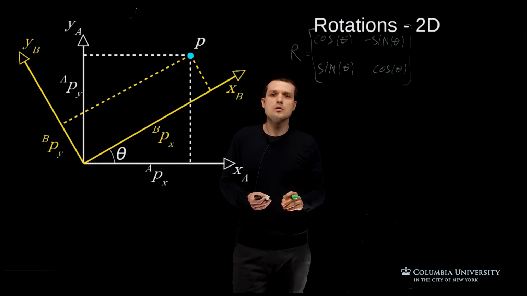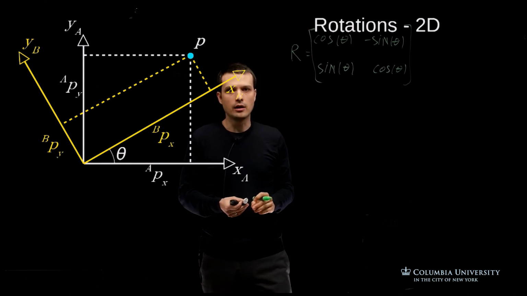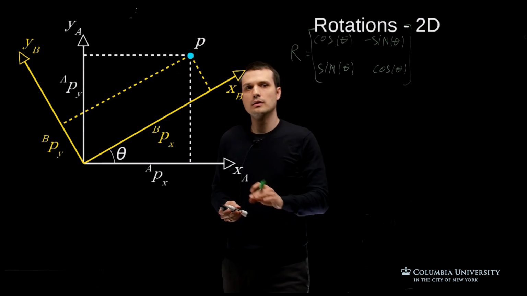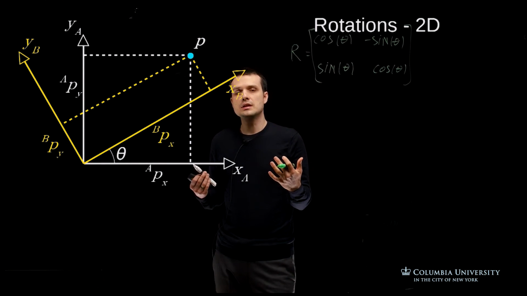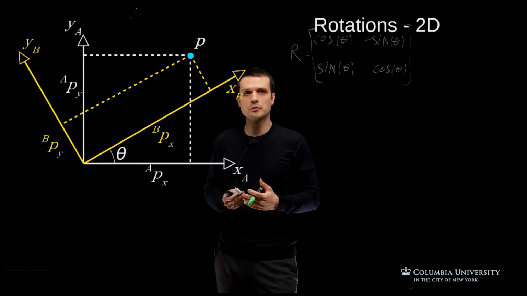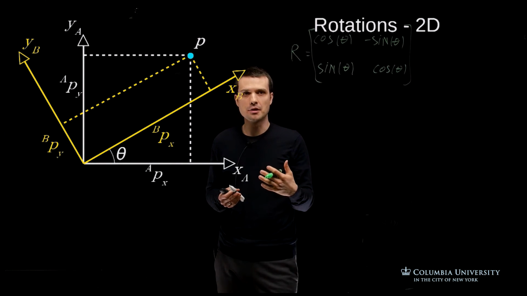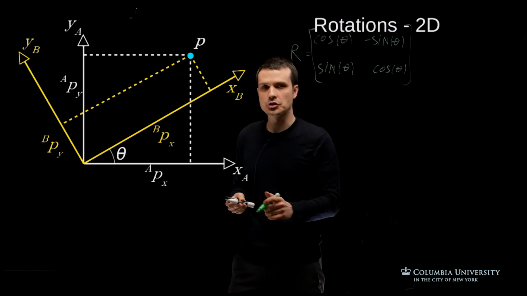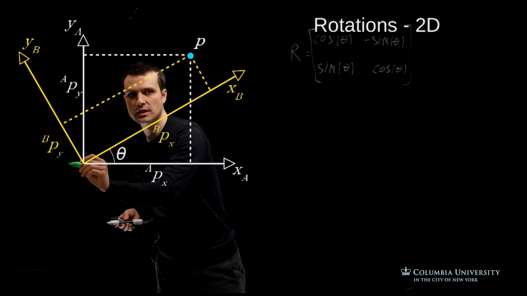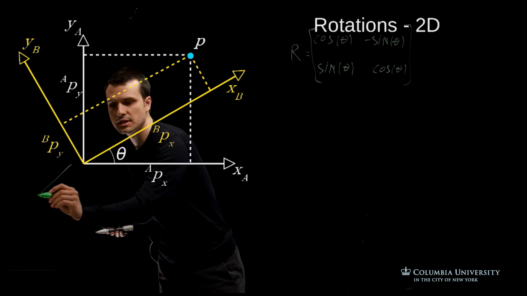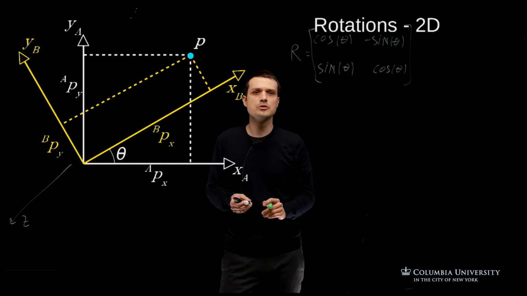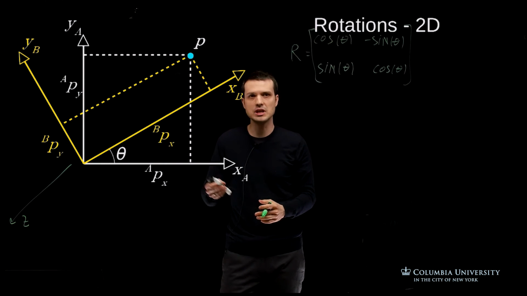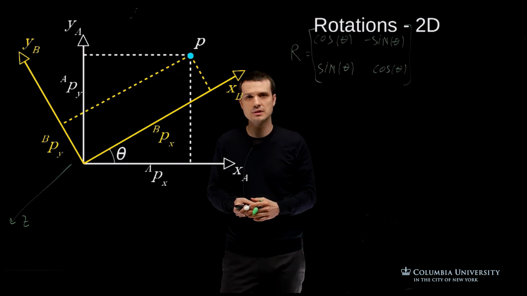First of all, what are we rotating around? Well, so far we've been operating in 2D world. In 2D, there's only a single possibility for rotation. The only axis you can rotate around is the axis that's not shown on this graph, which is essentially the z-axis. So if I plot a z-axis, for example, like this, the hidden assumption whenever I do a rotation matrix in 2D is that I'm rotating around z.